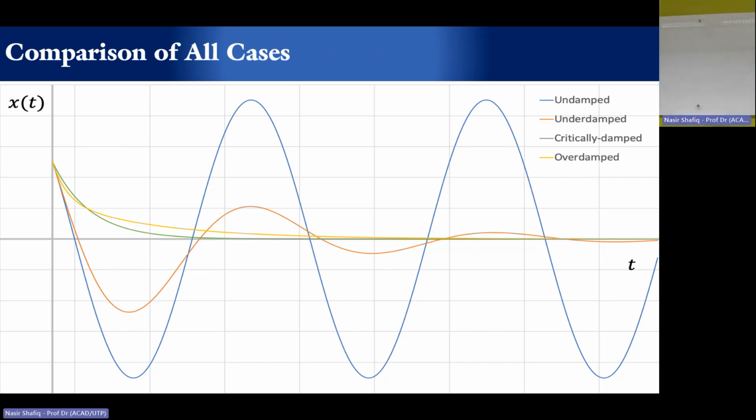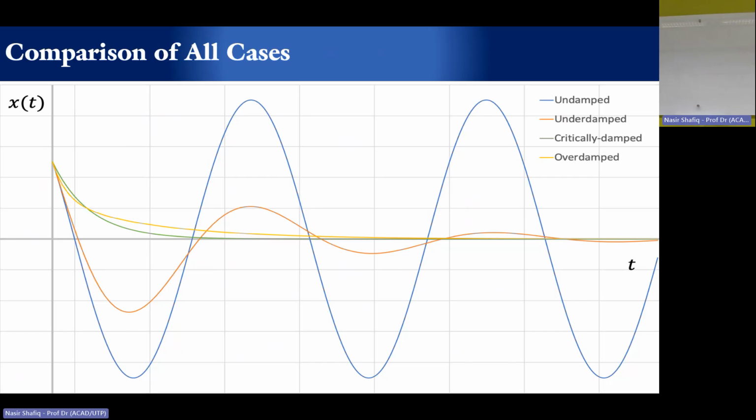So before we start, we can just wrap up or review what we have done. Last week we started the same thing, single degree of freedom, but where we have to include the damping.